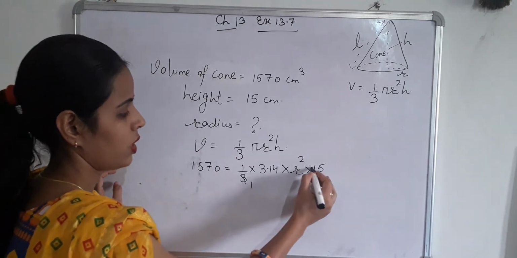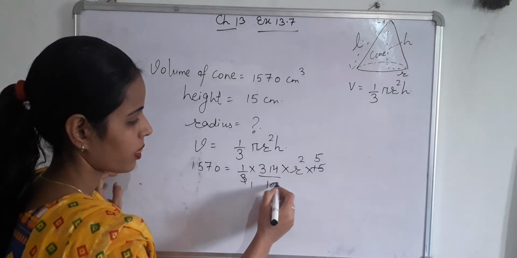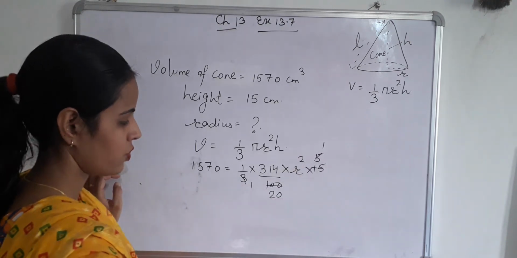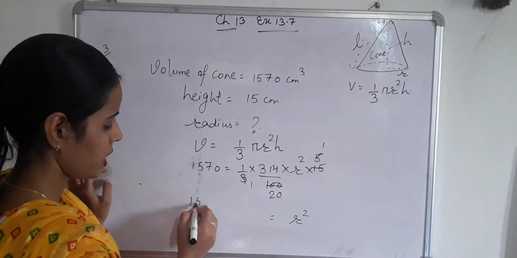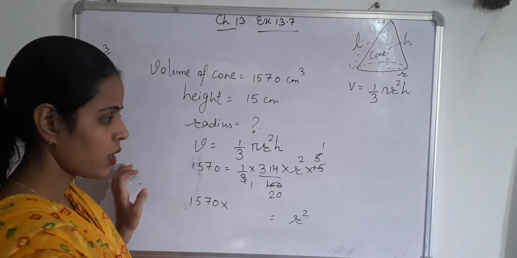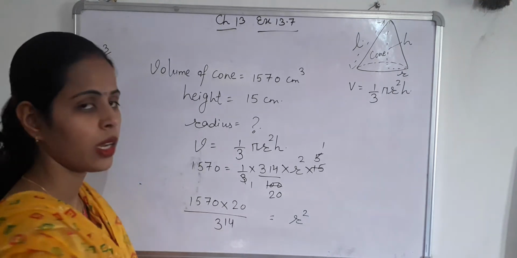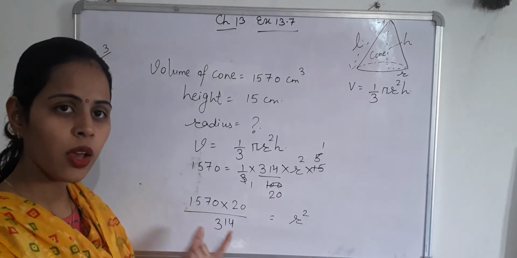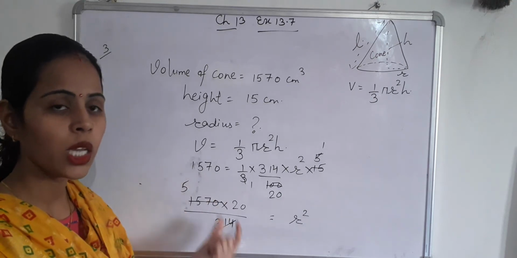3 1 3, 3 5 15. Decimal is removed by 100. 5 1 5, 5 to 10, 0. Then R will be 1570. 20 goes in multiply, 314 comes in divide. If we divide 1570 by 314, then 5 comes. 5 into 20, 100.